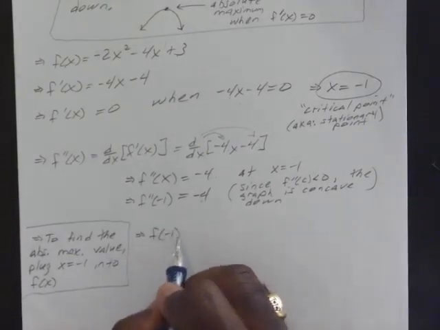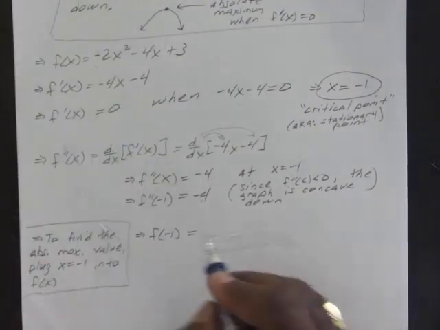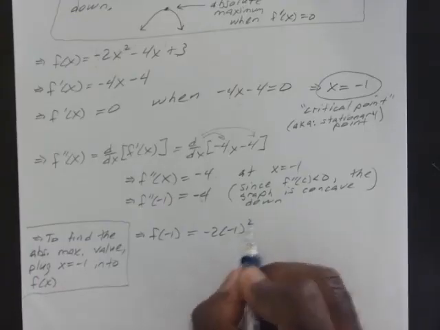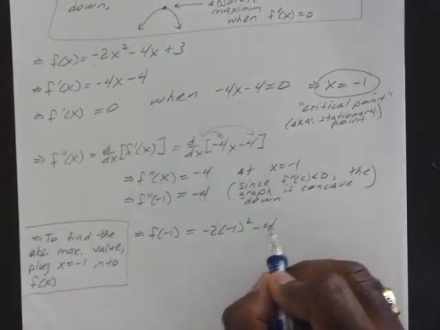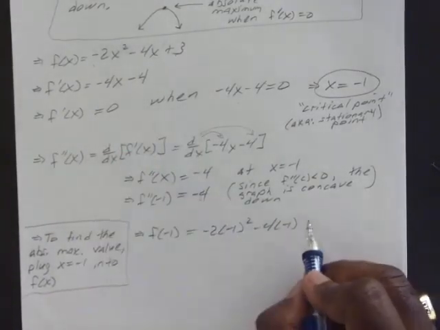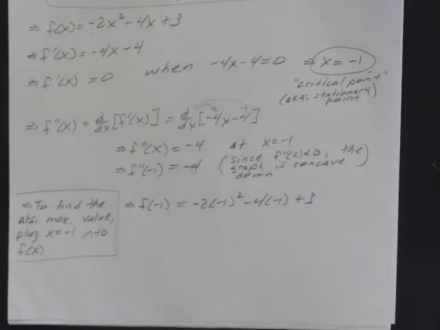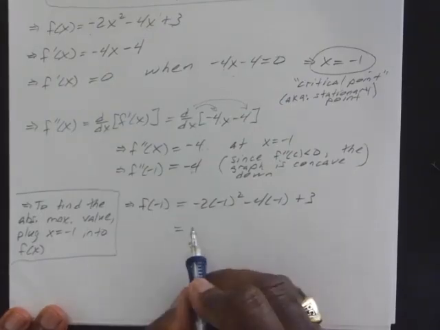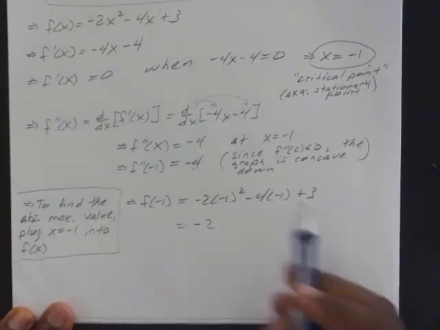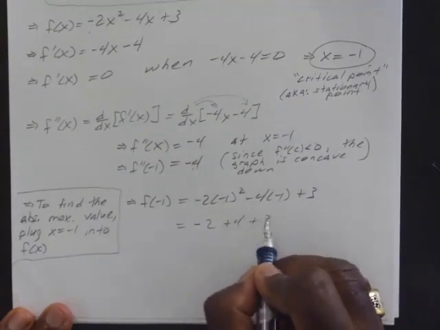So that means f of -1 is just equal to -2 times -1 squared minus 4 times -1 plus 3. So -1 squared is just 1. So -2 times 1 is -2. -4 times -1 is +4 plus 3.